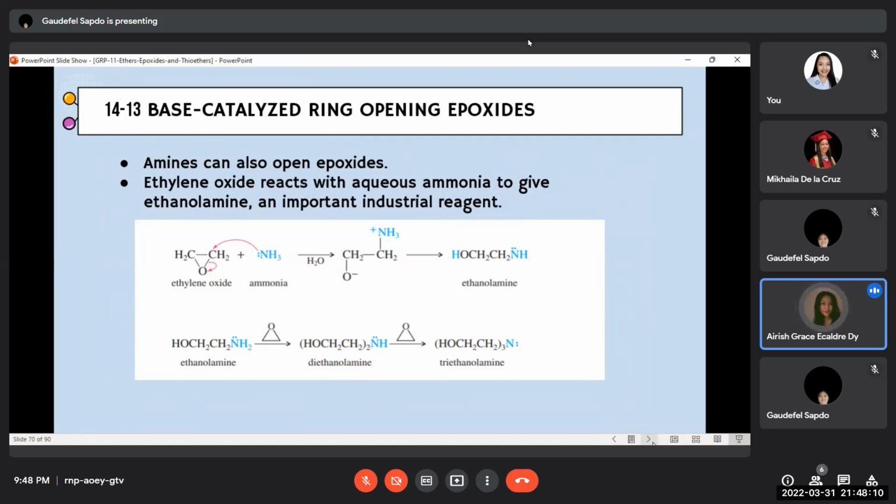The nitrogen atom in ethanolamine is still nucleophilic, and ethanolamine can react further to give diethanolamine and triethanolamine. So good yields of ethanolamine are achieved by using excess ammonia. So that's all.